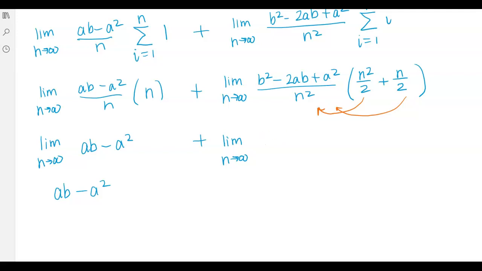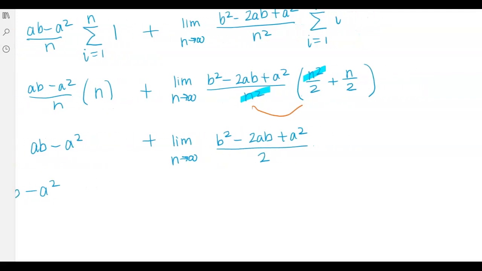When I multiply the first one, the n squared and the n squared are going to cancel, so it's just going to end up being b squared minus 2ab plus a squared over 2.